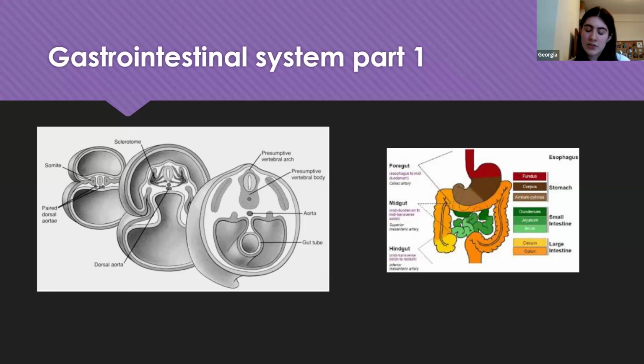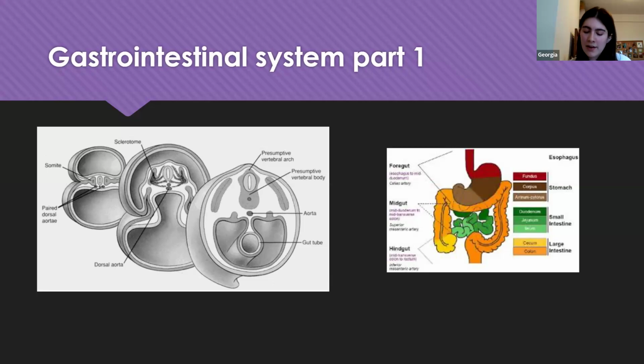Now, all organs in the GI system are formed by interactions from the surrounding mesoderm and the endodermal epithelial lining. And the system can be thought of as three parts linked to embryonic development. So you have the foregut, the midgut, and the hindgut. So the foregut is up to the mid-duodenum, the midgut is up to the splenic flexure, and the hindgut is everything else.